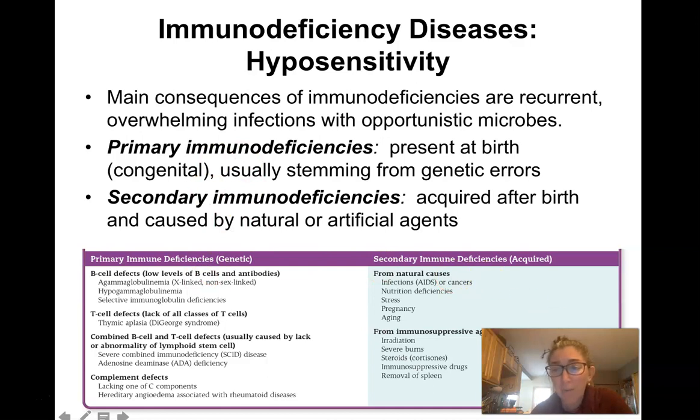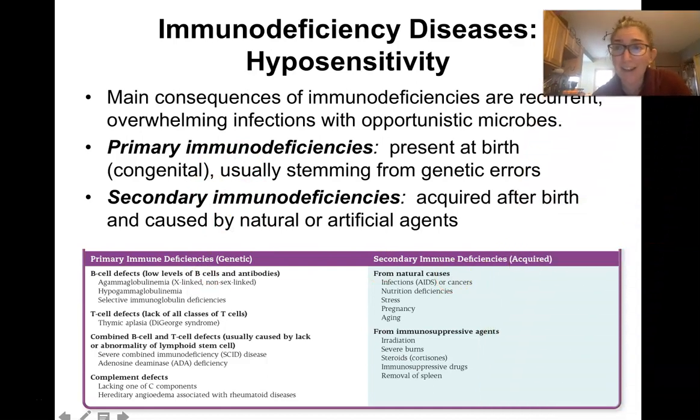Alrighty, so we just spent an hour talking about hypersensitivities, so overreactions of the immune response, allergies, autoimmune diseases, and some of those other types of hypersensitivities. But the other side of immunopathology is hyposensitivity, not sensitive enough, or immunodeficiency.